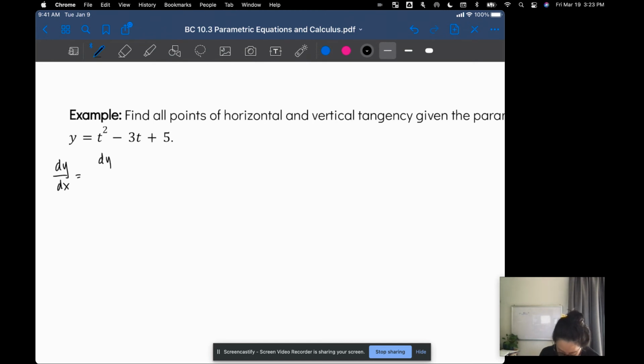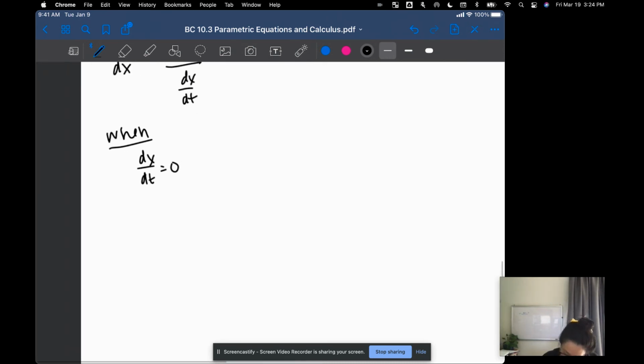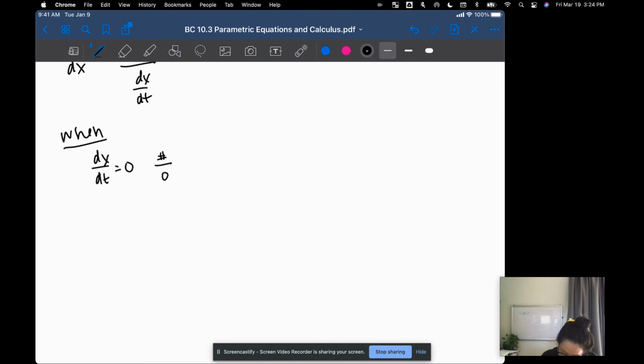And dy/dx as a parametric equation is dy/dt over dx/dt. So when dx/dt is equal to 0, because dx/dt is in the denominator, we end up with a number divided by 0, which is undefined, which means that we have a vertical tangent line.